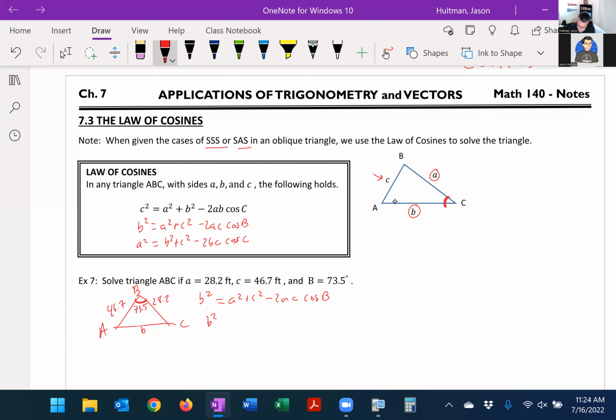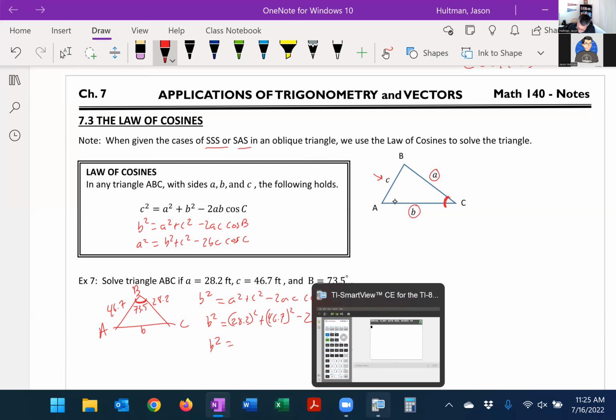So B squared is equal to 28.2 squared plus 46.7 squared minus 2 times 28.2 times 46.7 times the cosine of 73.5. Okay, so B squared is equal to some value.